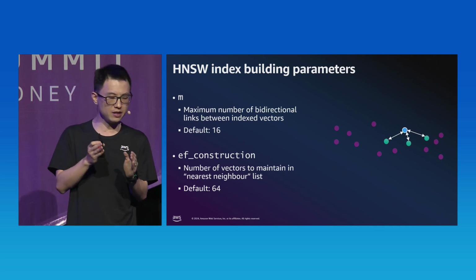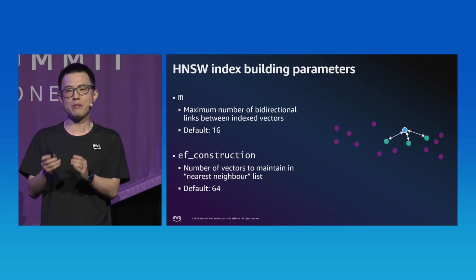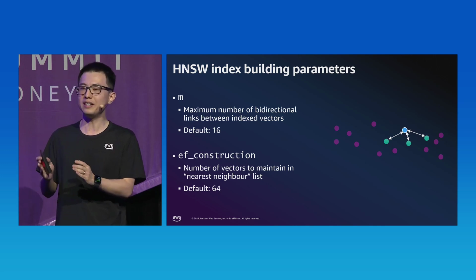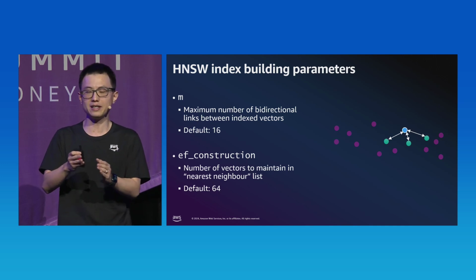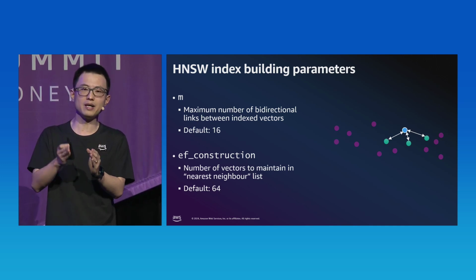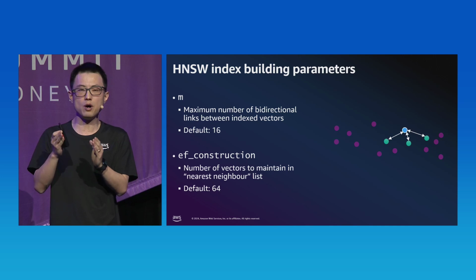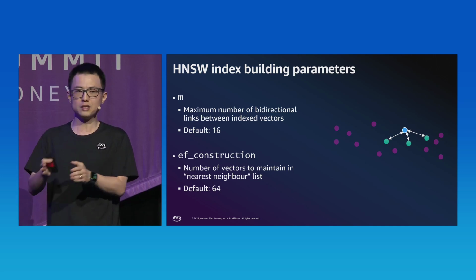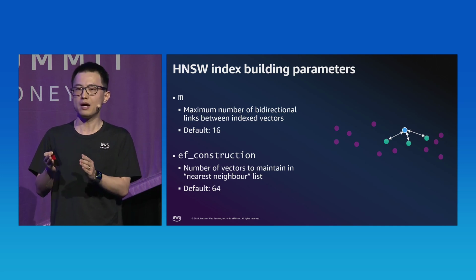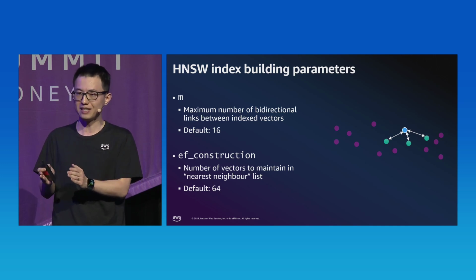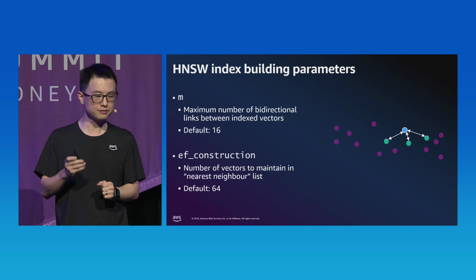Think of ef_construction as a memory when you are building the index. When you are visiting vectors in the index graph, you are keeping a list of vectors that are most similar to yourself. The larger the list, the more likely you will find the vectors that are most similar.